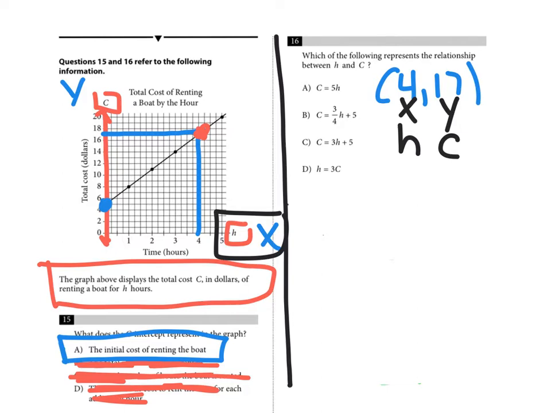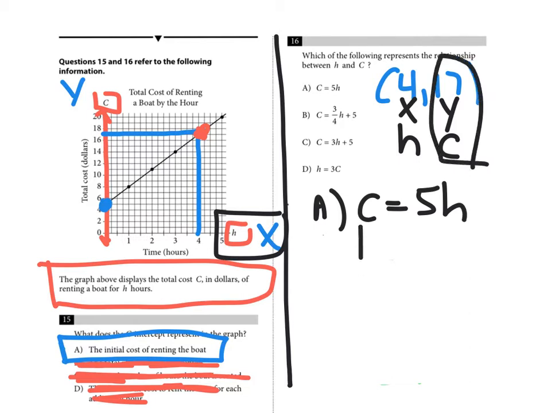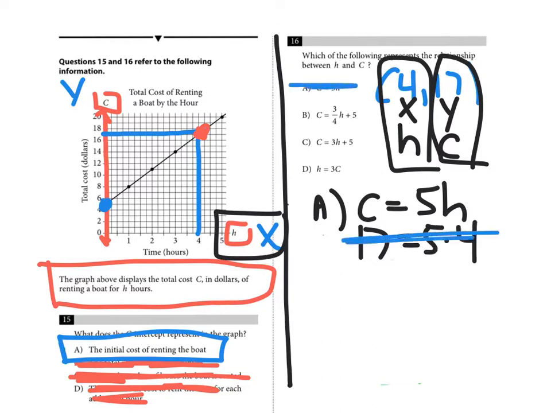Answer choice A, c equals 5h, would mean that c, 17, equals 5h, 5 times 4, and that's not true. 5 times 4 is 20, not 17. Answer choice B, c equals 3/4 h plus 5.